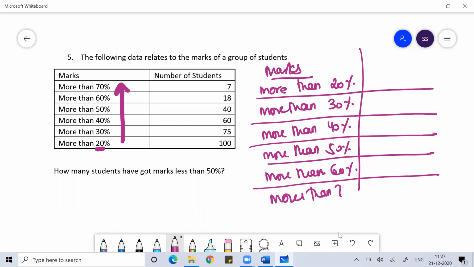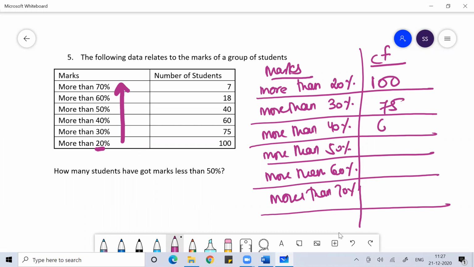Then this is the more than cumulative frequency: this is 100, this is 75, this is 60, this is 40, this is 18, this is 7.